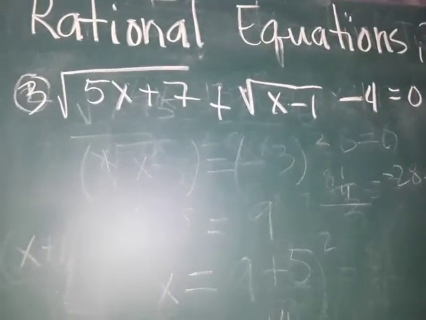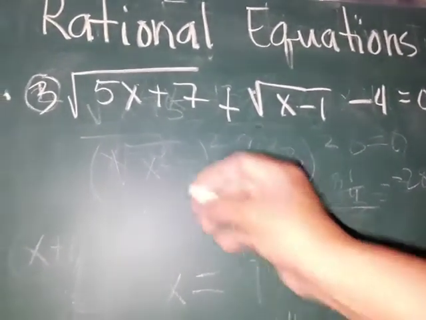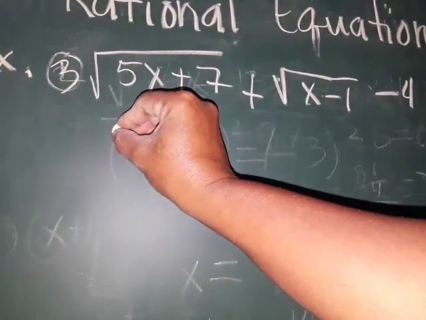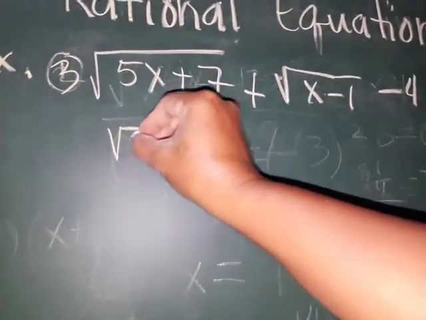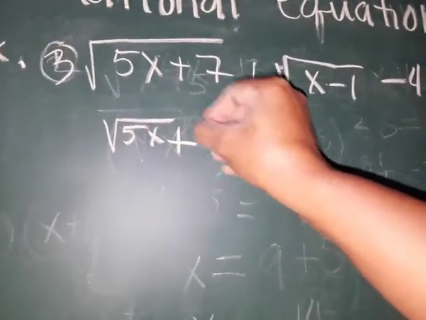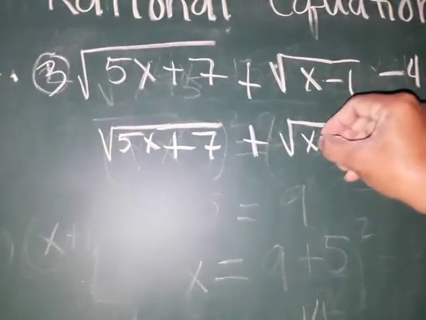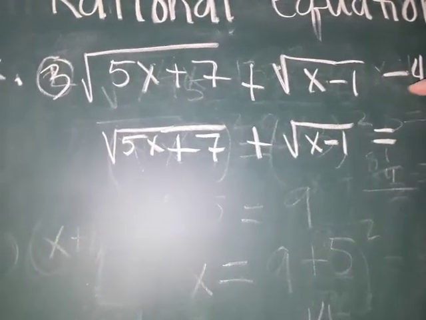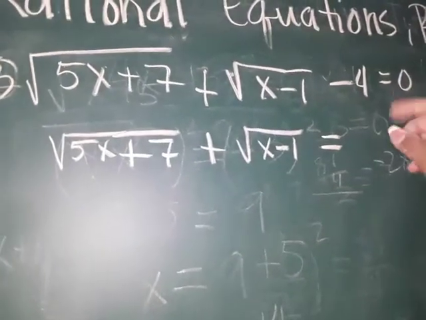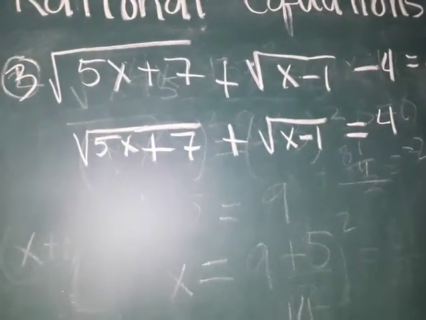First step, we're going to set aside the radicals. So we have square root of 5x plus 7 plus square root of x minus 1 is equal to, transpose negative 4 over the equal sign, so we have positive 4.